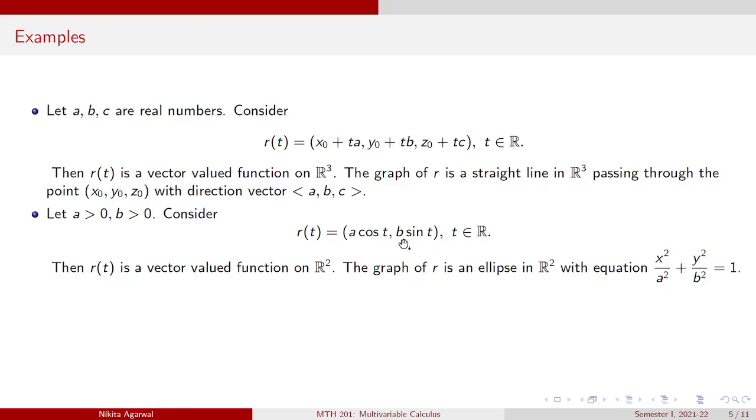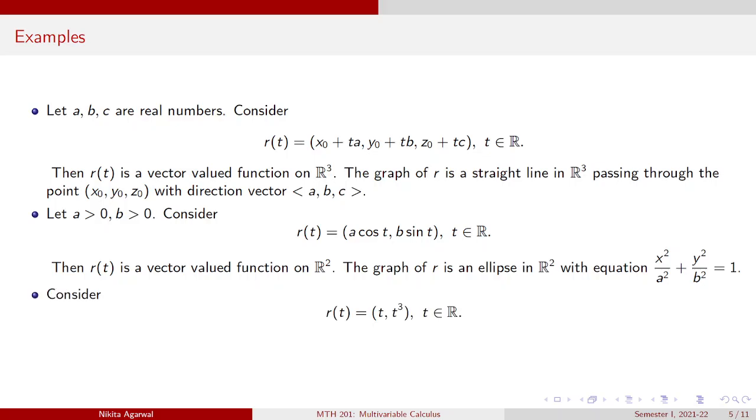Take the second component, divide by b and square, that's sin square t. What is their sum? It's 1. So the equation that you get on the xy plane, where the image is lying, is x square by a square plus y square by b square equal to 1, right? That's an equation of an ellipse. And when a is equal to b, you get a circle of radius a, right?